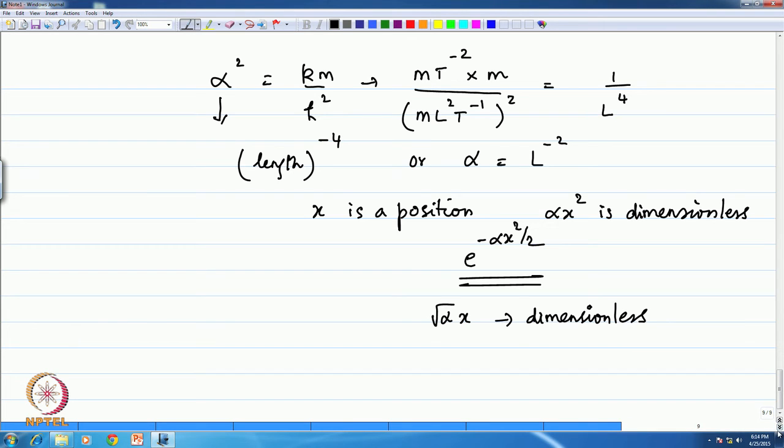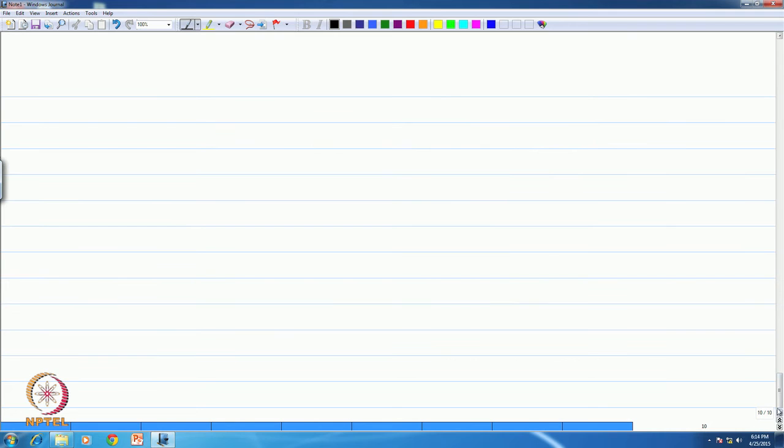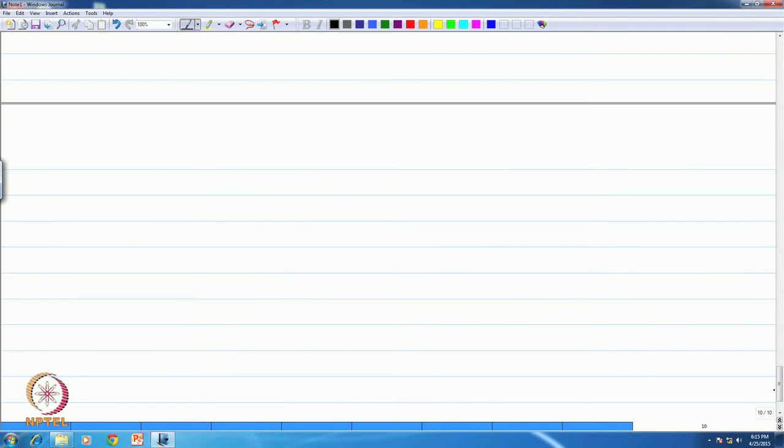The Hermite polynomials are solutions of what is known as the Hermite equation, which I wrote down earlier. Let me write H n of y, if I put the argument as y instead of root alpha x. Y is root alpha x in this case.